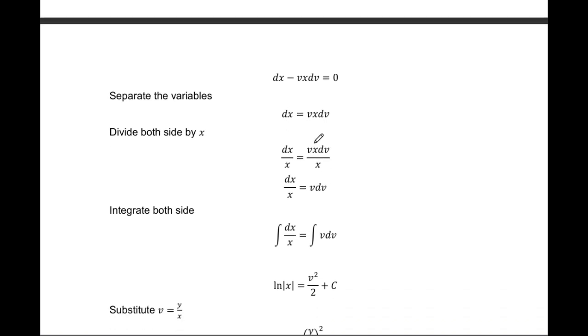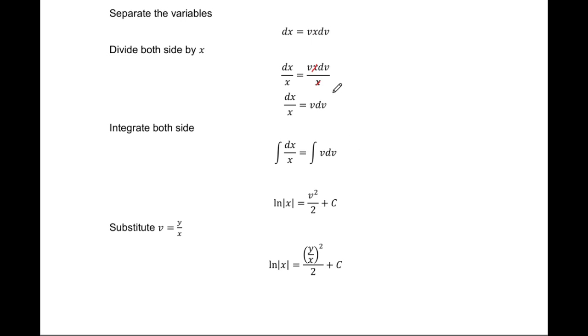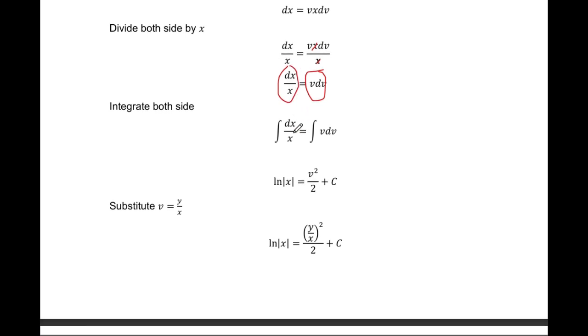So cancel the x on the right side. So we only have dx over x is equal to v dv. Since all v are grouped on the right side and all x are grouped on the left side, we will now integrate both sides.